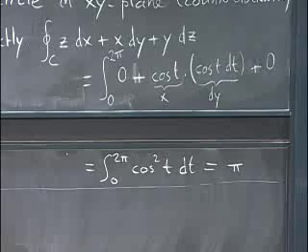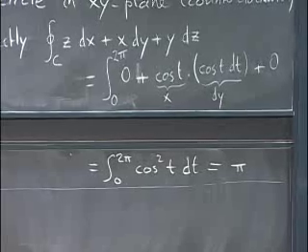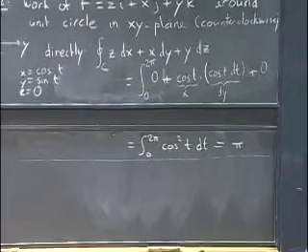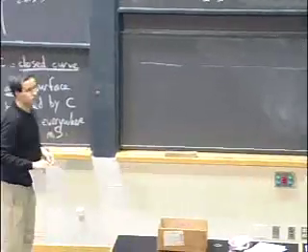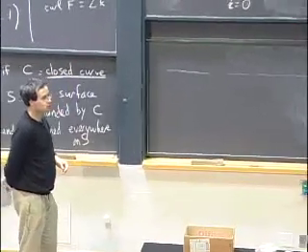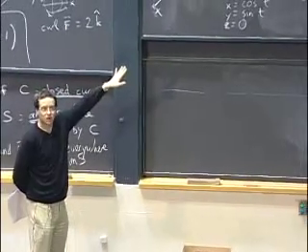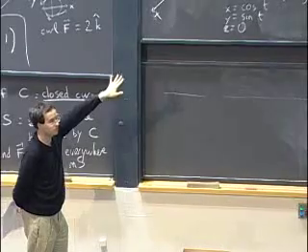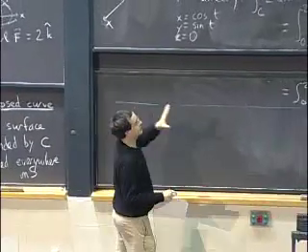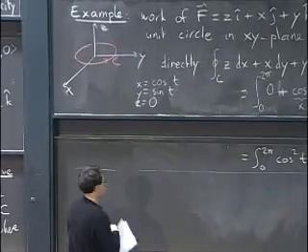Now, let's instead try to use Stokes' theorem to do the calculation. Of course, the smart choice would be to just take the flat unit disk. I'm not going to do that. That would be too boring. Plus, we already kind of checked it because we already trust Green's theorem.